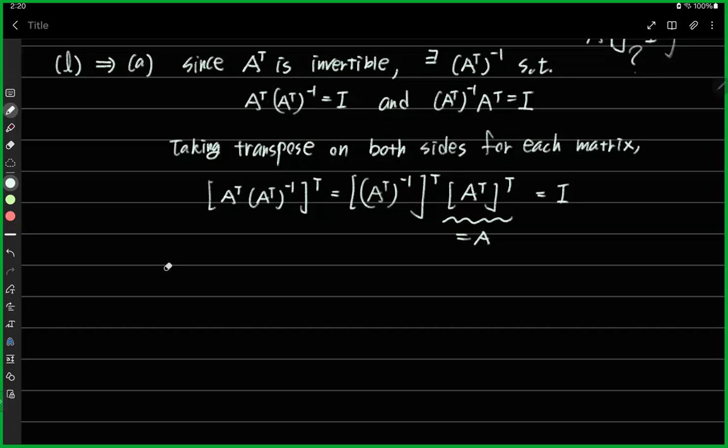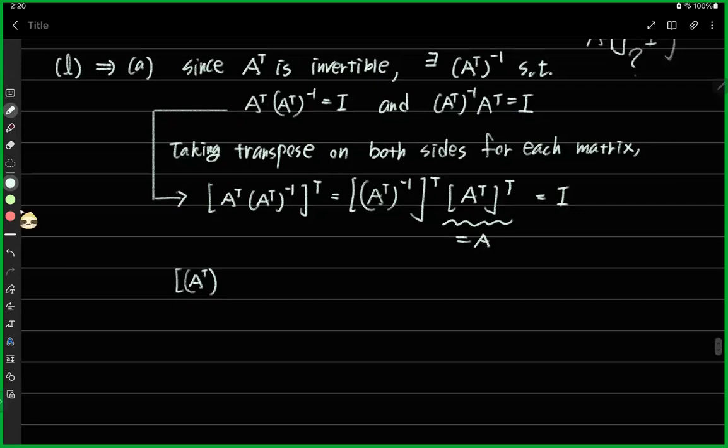So A transpose. How about A transpose inverse? I'm going to take the transpose on this matrix too. This one comes from this. Okay. So here's one, this is two. I'm going to take the transpose in the second equation.